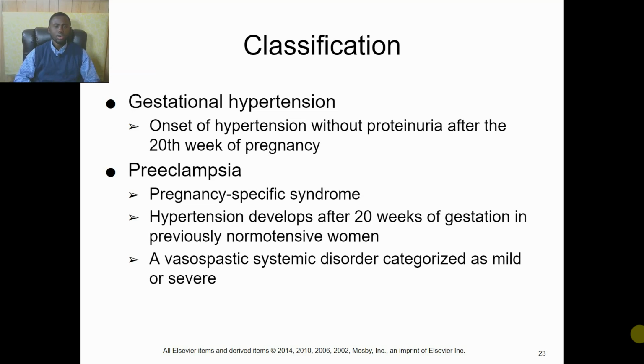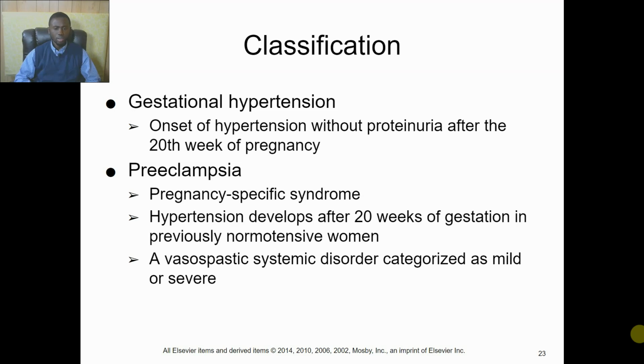Then you also will see proteinuria, which will be present at about 300 milligrams per deciliter for a 24-hour test, and also +1 or greater than +1 on a dipstick.